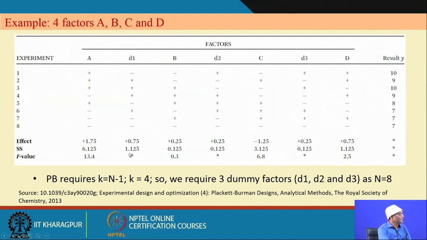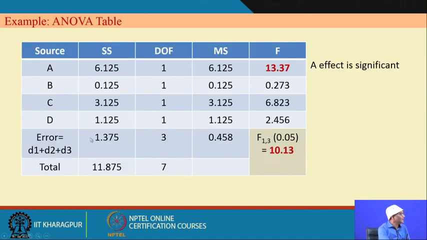If you add them, 1.125 plus 0.125 plus 0.125, you get 1.375. As every factor has 2 levels, the degrees of freedom available per factor is 1, but here the error is equated to 3 dummy factors having 1 degree of freedom each. So, total degrees of freedom available for error is 3.